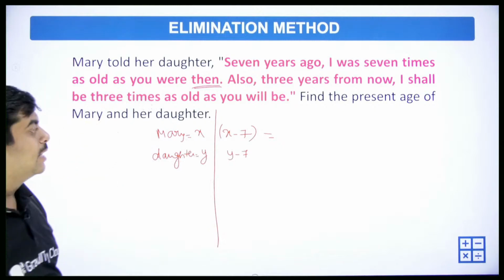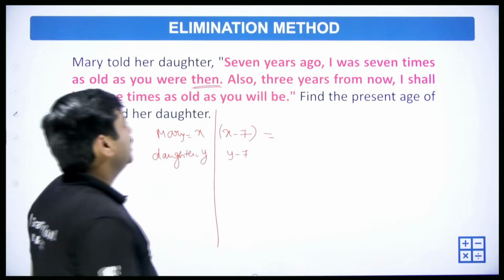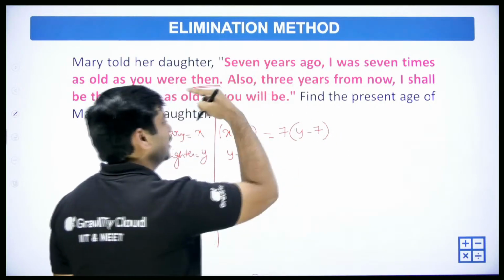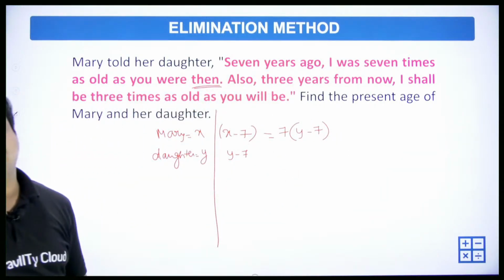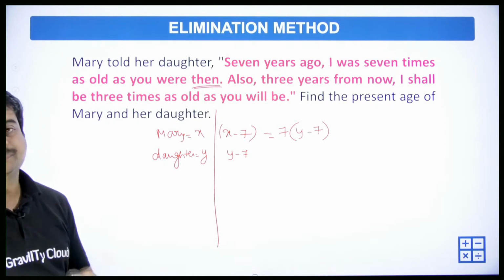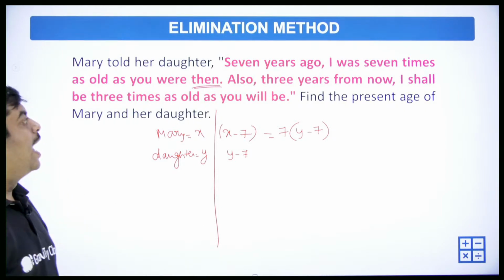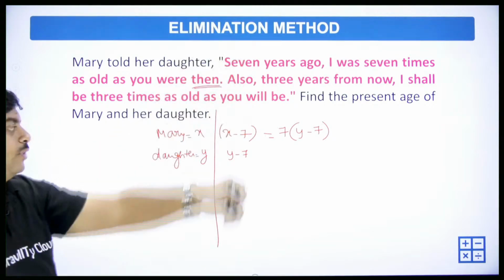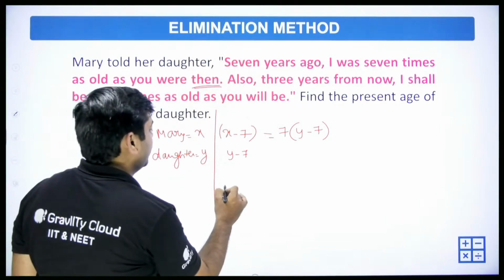So the point given is x minus 7 is 7 times the age of the daughter then. So that becomes 7 times y minus 7. That is the first equation. And what is the next equation? Also 3 years from now, Mary will become x plus 3.